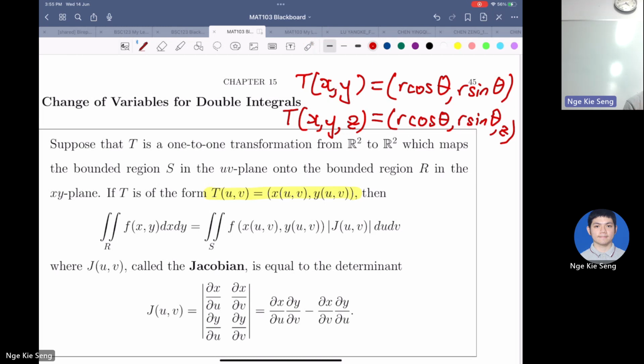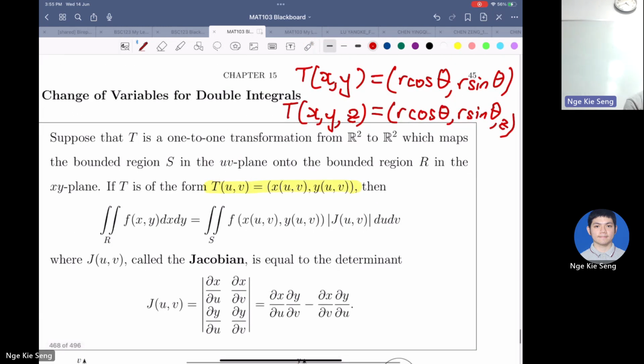Let's say this Jacobian of UV. You define xy in terms of UV here. So you go from xy to UV.